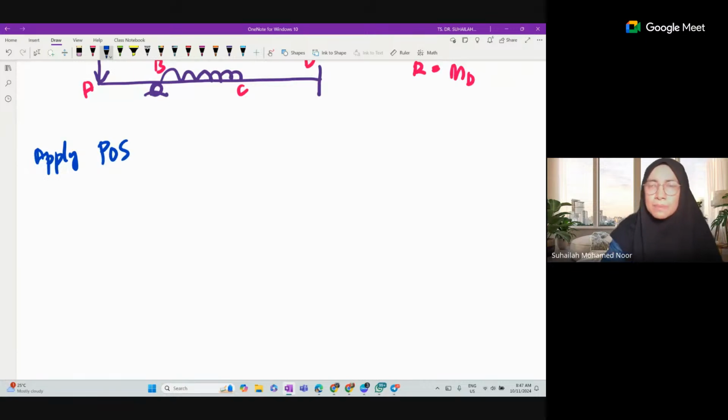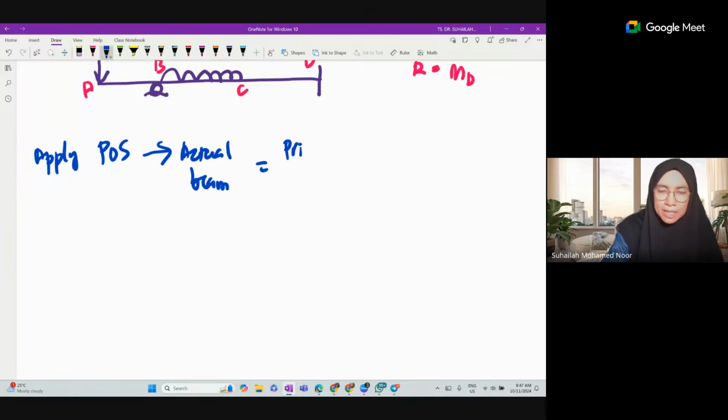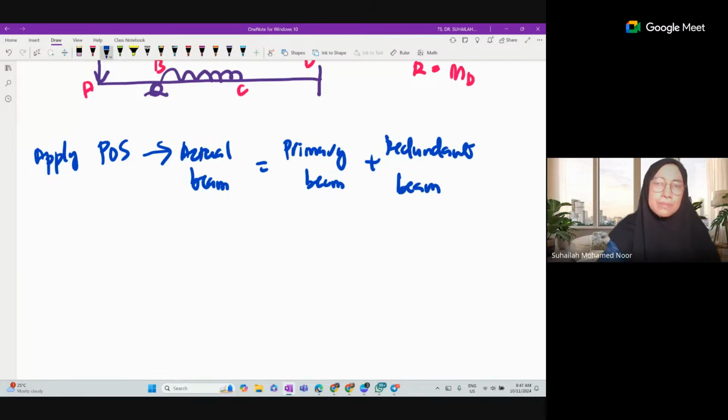The principle of superposition comes from: actual beam equals primary beam plus redundant beam. That's the idea.